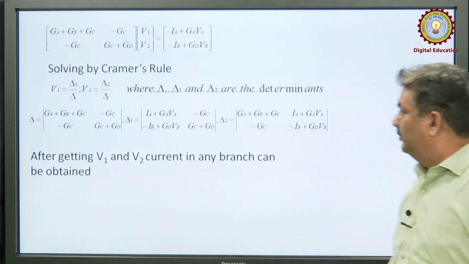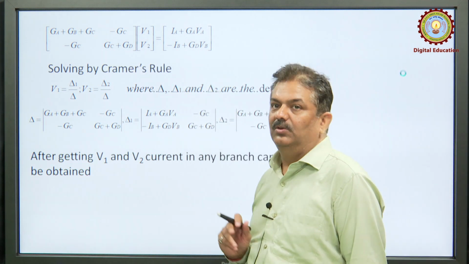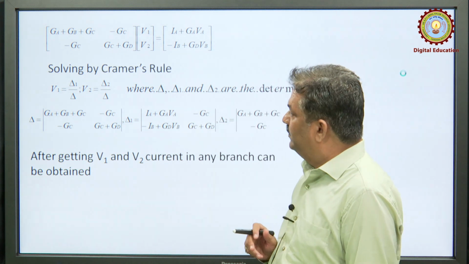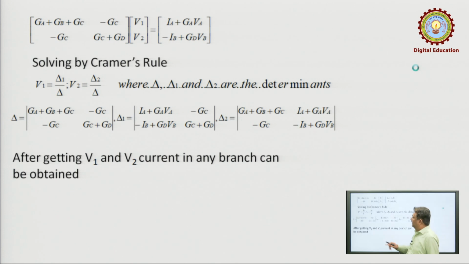After getting the matrix equation, we can solve it by Cramer's rule to obtain the independent node voltages V1 and V2. So, V1 is del 1 upon del, V2 is del 2 upon del. Here, del, del 1 and del 2 are different determinants. Now we will see what del is.